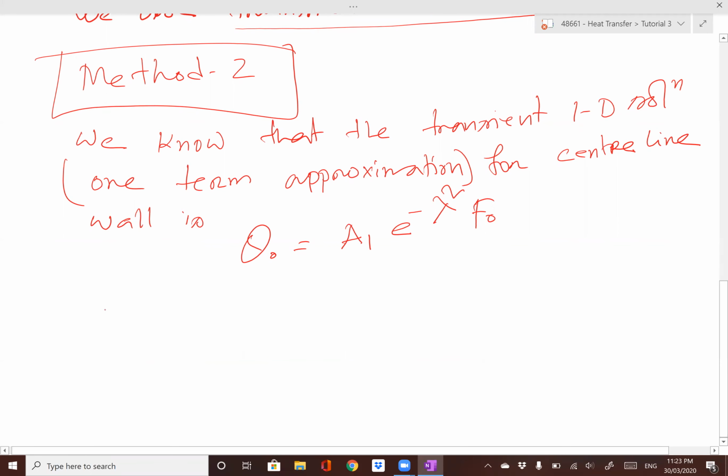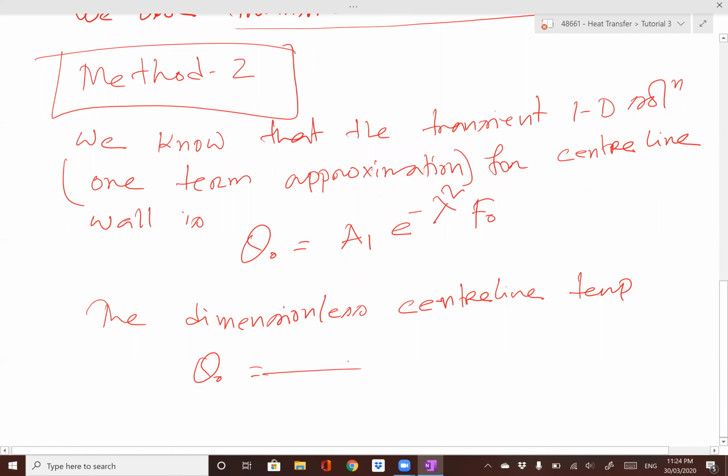So the dimensionless center line temperature, theta naught, will be T naught minus T infinity over T i minus T infinity, and it was 0.43.